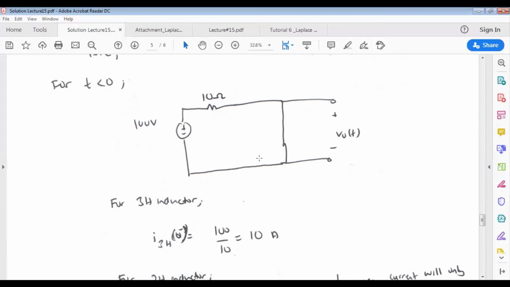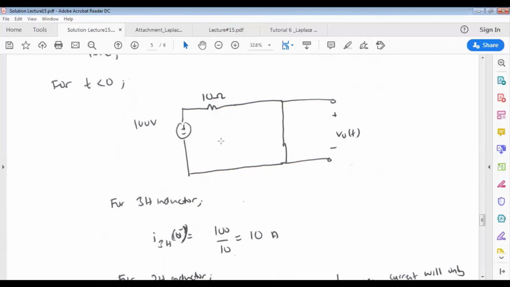The current in this circuit will be a constant. That is why this current value, 100 over 10 ohm, will also be the initial current for the 3 Henry inductor. Remember, the 3 Henry inductor is located here.